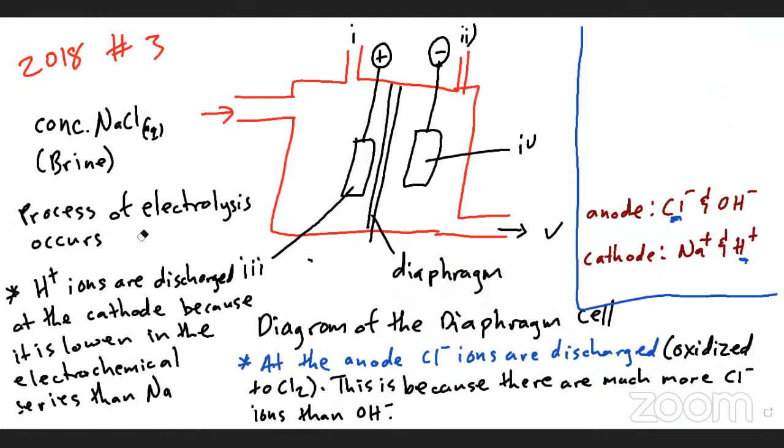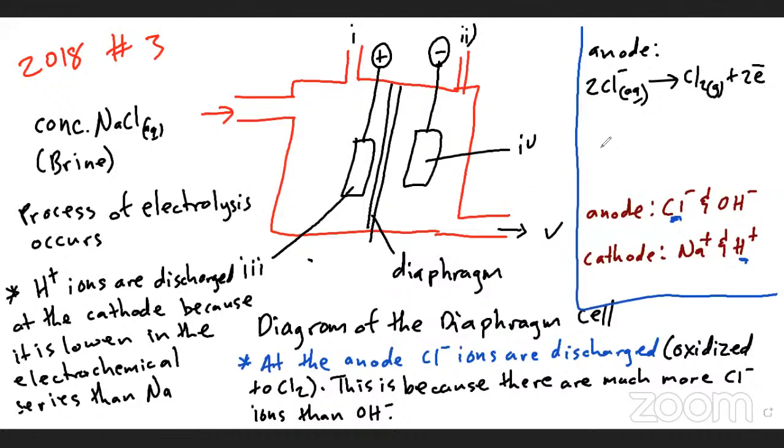At the anode, let me put it underneath. The chloride ions are going to be oxidized to chlorine gas.